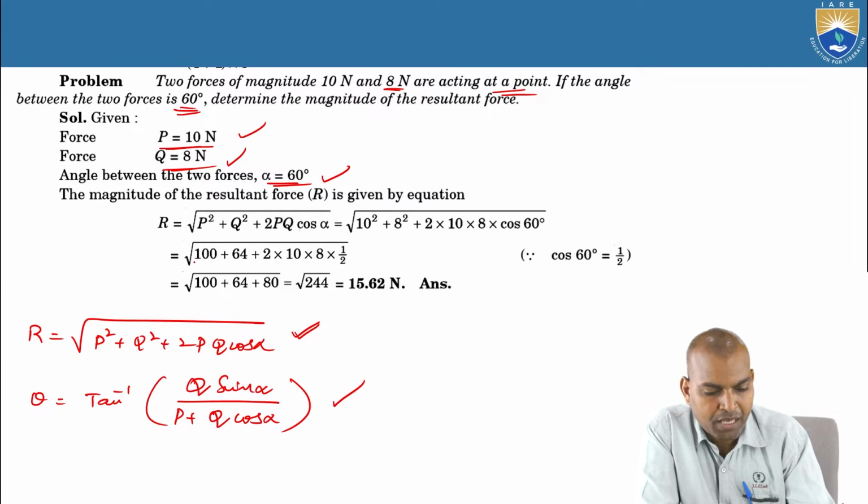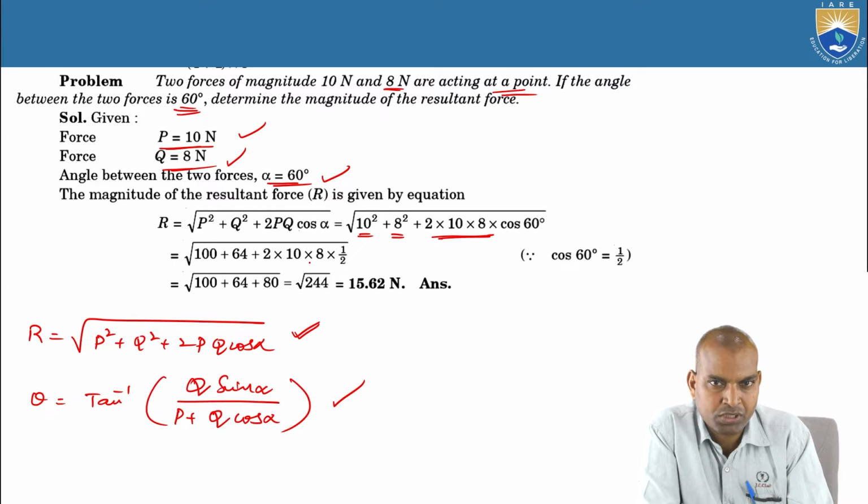Very simple. So P square is 10 square, Q is 8, 2PQ is 2 times 10 times 8, cos alpha, that is cos 60 degrees. So what is cos 60? 1 by 2. 10 square is 100, 8 square is 64, 2 times 10 times 8 times 1 by 2.